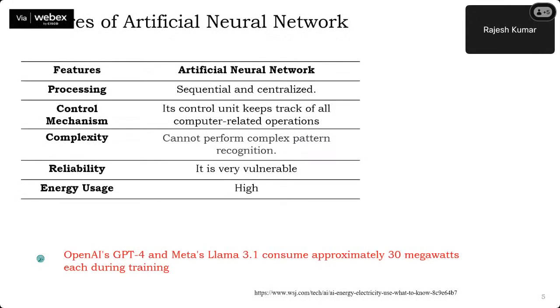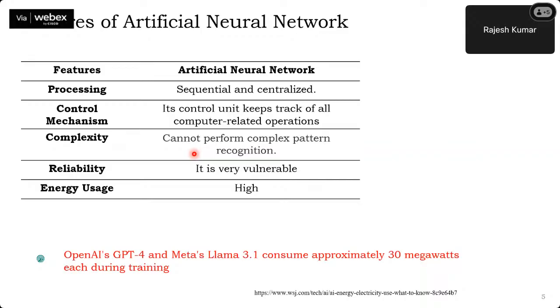After what happened in these two scenarios, that is the important part here. We have artificial neural networks, and we know that the process is sequential, one by one, and centralized. The control mechanism we can put externally as well as internally. For complexity, it can solve simple problems, but if the problem becomes more complex, we have to increase the size.